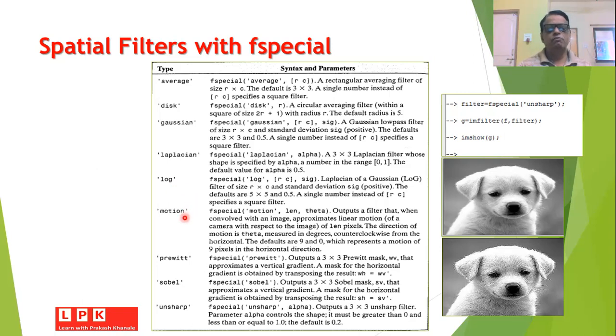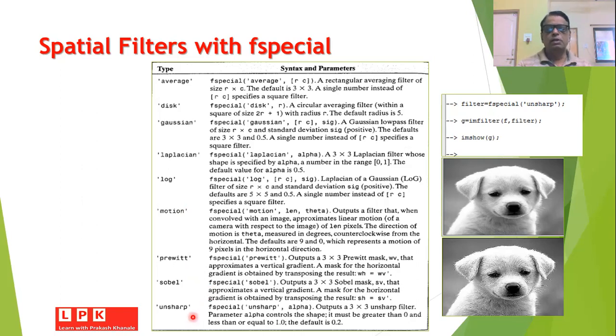We can make use of motion, where this filter will output an image that, when convolved with an image, approximates a linear motion of the length of pixels. We can make use of the prewitt filter, where we can get an output 3 by 3 mask. We can make use of the Sobel filter, where the output is a 3 by 3 Sobel mask that approximates a vertical gradient.